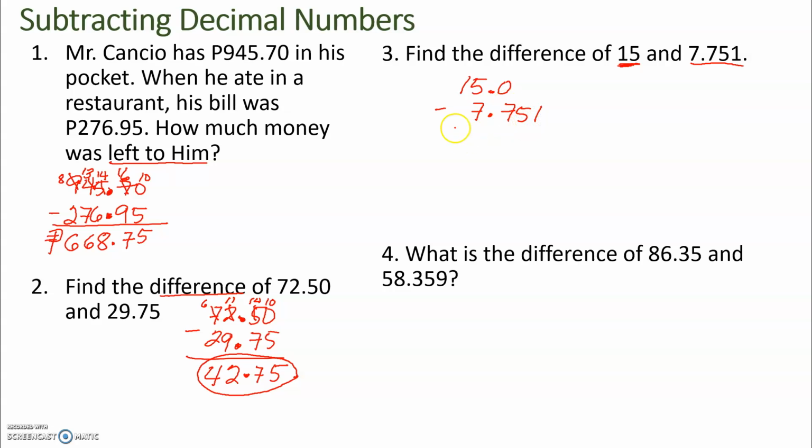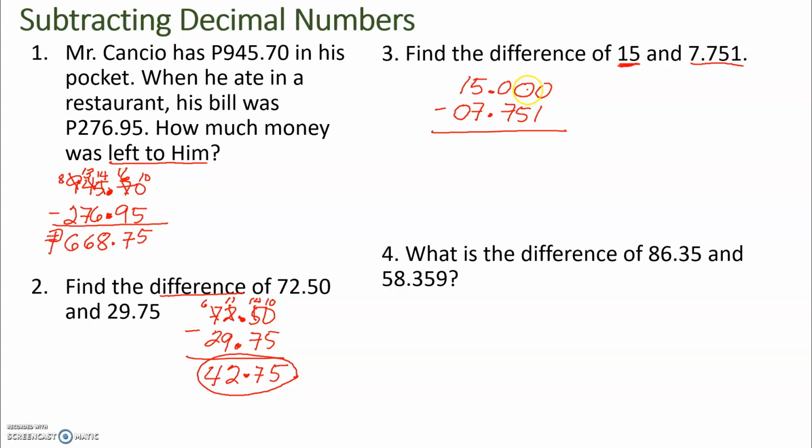Okay, so in this place here, it has no digit. So we can put 0 here para ma-align talaga siya. We can also put a 0 here, and a 0 here. Pero pwede rin namang wala. Okay, so lagyan na lang natin so that you will not be confused or it will not be misplaced. So 0 minus 1 cannot be.